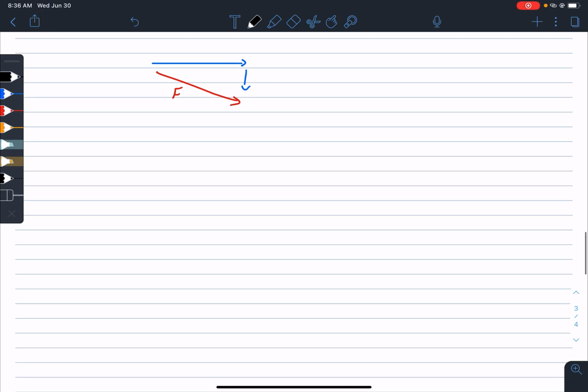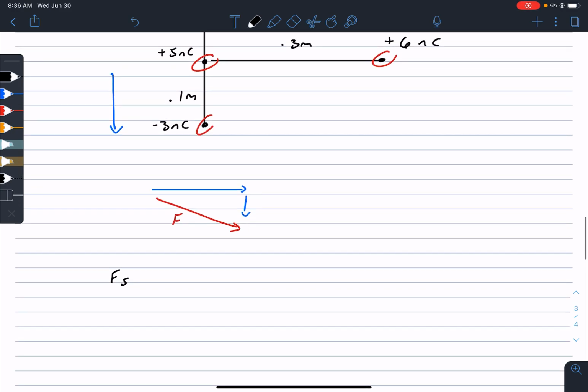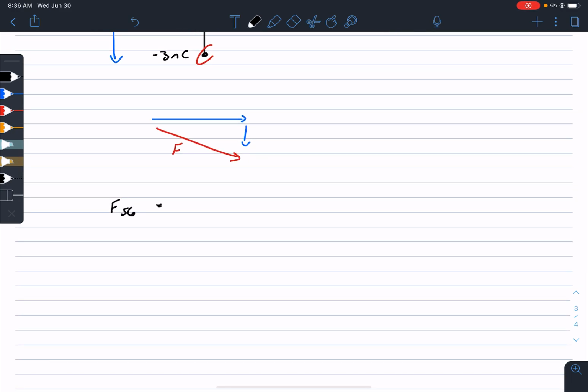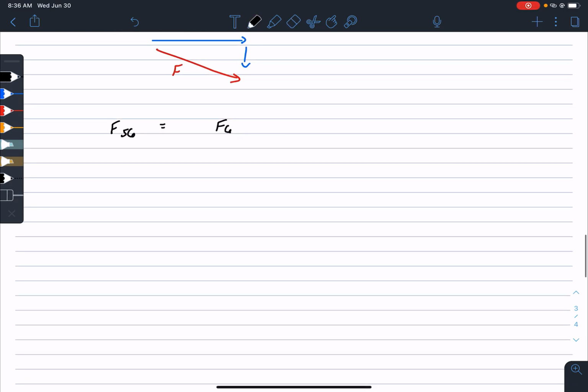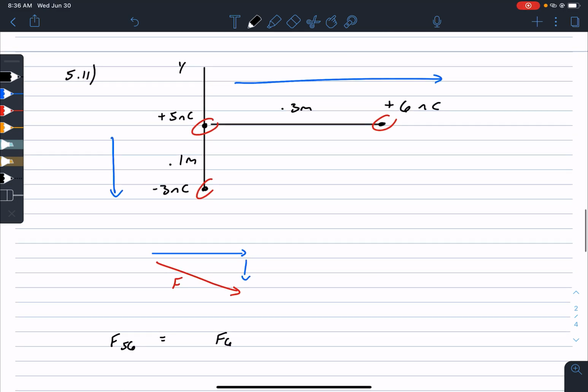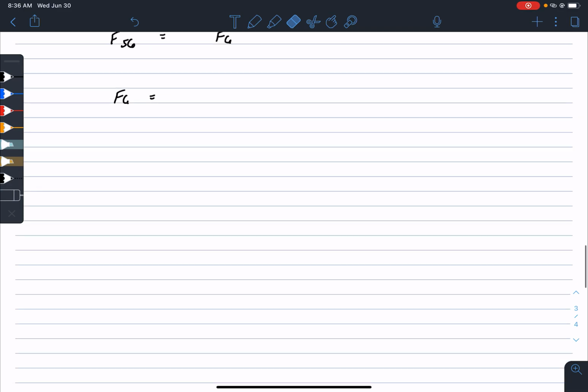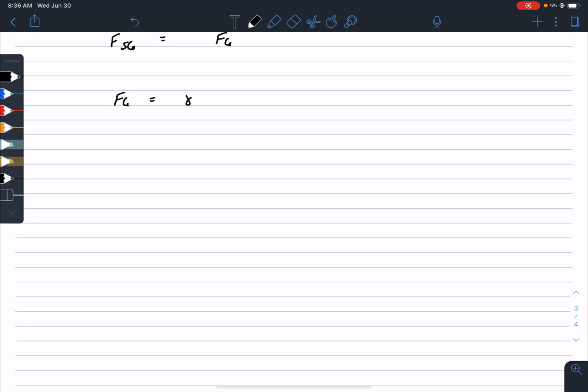So let's figure out the first force. We have a 5 nanocoulomb and a 6 nanocoulomb charge. Let's call this F6 to make it easier. The first force between this one and this one: we have k, our k value that we've written down a few times, over 0.3 meters, all squared.